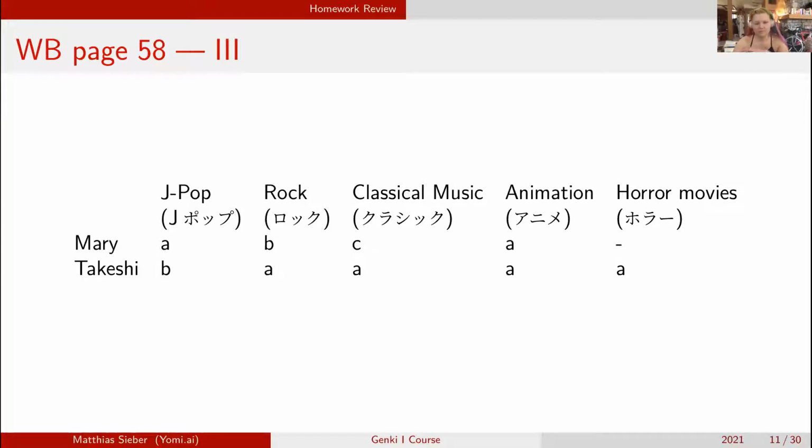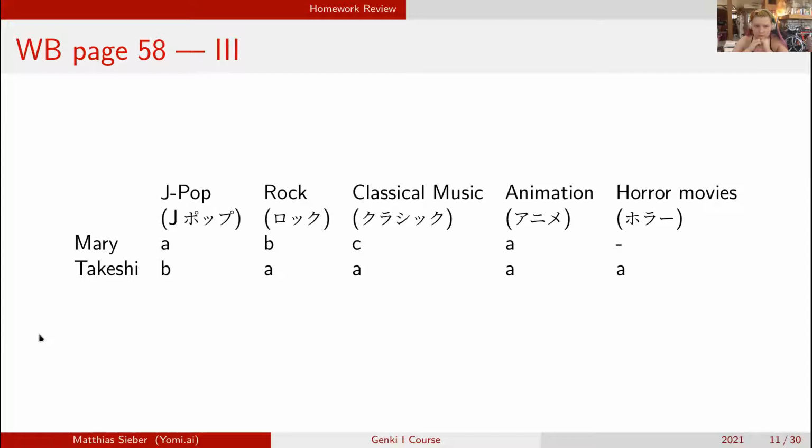Maybe he actually doesn't like it at all, but because J-pop is the kind of thing which is in right now, right? And you kind of want to fit into the norm, even though he might hate it. He says like, yeah, I like it a little bit, but not that much. So just FYI, you might encounter that.